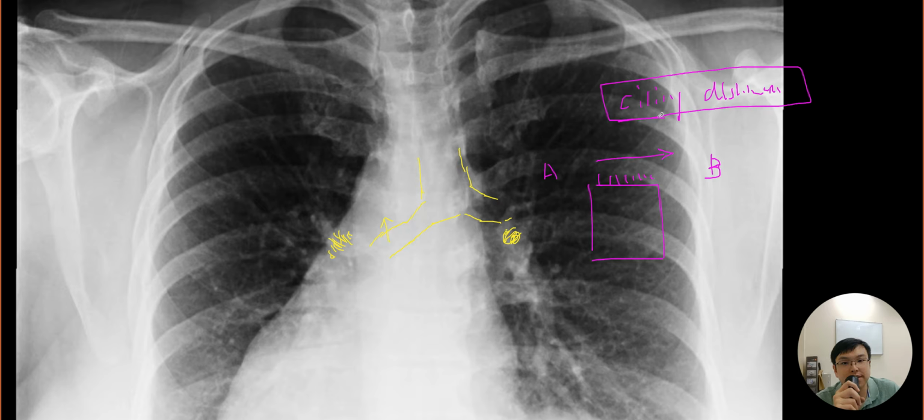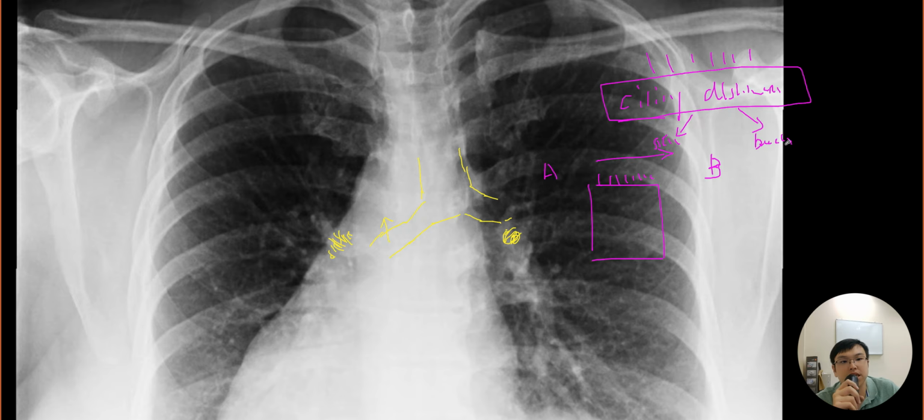But having situs inversus doesn't mean that they will have bronchiectasis, because a lot of us will try to memorize, okay, so when we see situs inversus, we are trying to see any bronchiectasis. Yes, that is the case, because one of the things that we need to consider is ciliary dyskinesia, but the ciliary beating failure actually causes situs inversus, and at the same time cannot remove the mucus from the airway, so it can cause bronchiectasis.